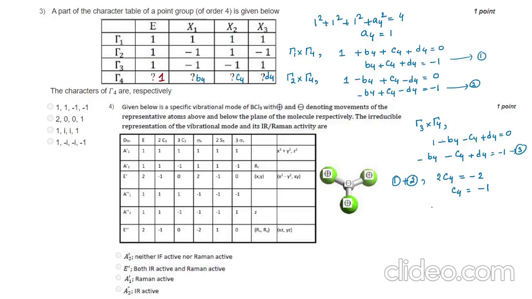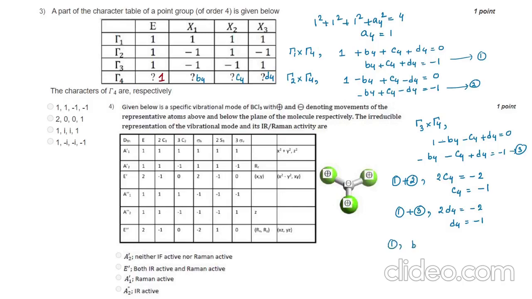If you add 1 plus 3, then what are you going to get? B4 is going to cancel, C4 cancels, 2 D4 is minus 2, D4 is minus 1. Now put that into equation 1.